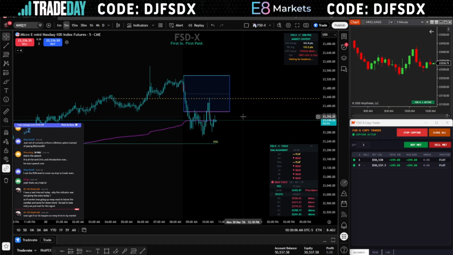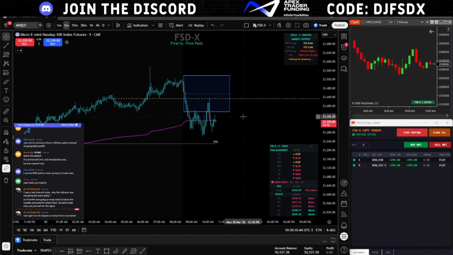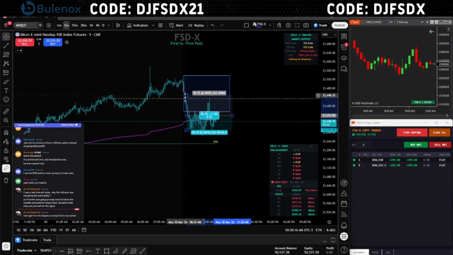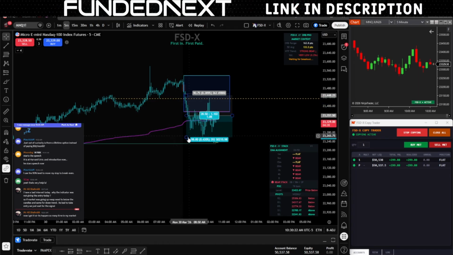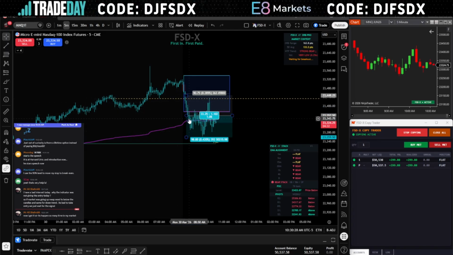Because if I'm wrong, then I know the trade's wrong. Say I took the breakout here, and say you take this trade, break retest, it works. But I just don't want to be battling.